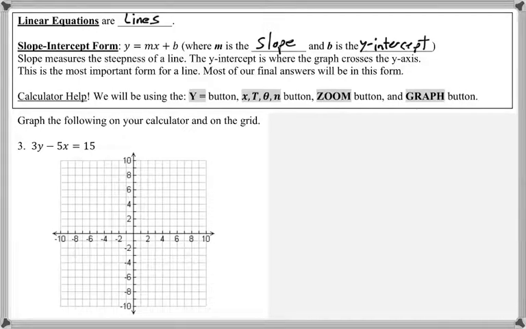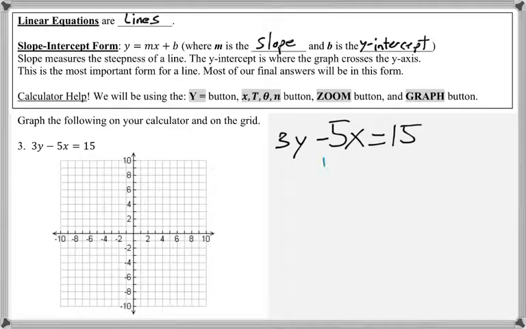So it says graph the following on your calculator and on the grid. So I want to first get this equation into the slope-intercept form so that y is by itself, because before I enter it in on the calculator, y needs to be by itself.